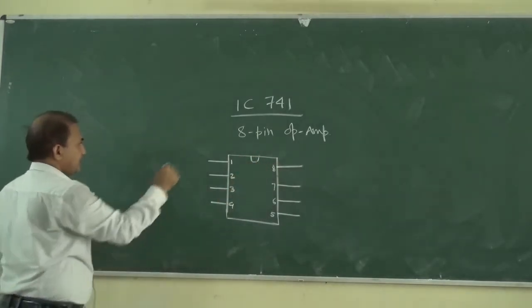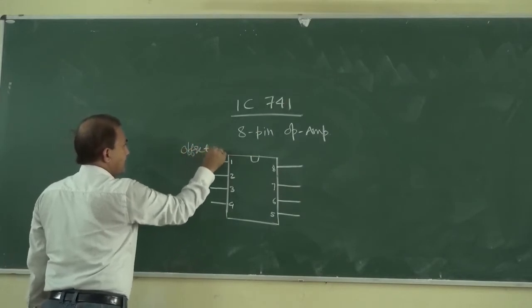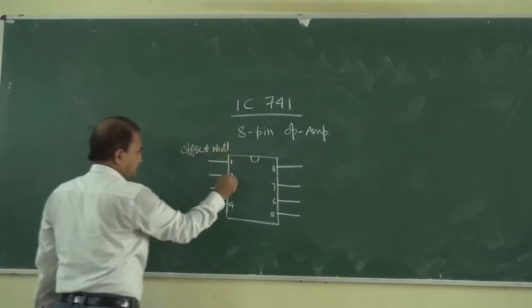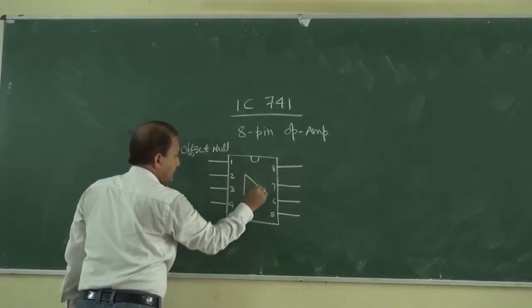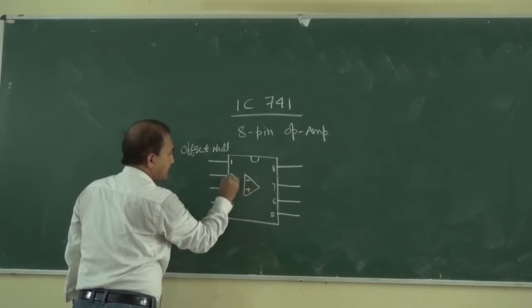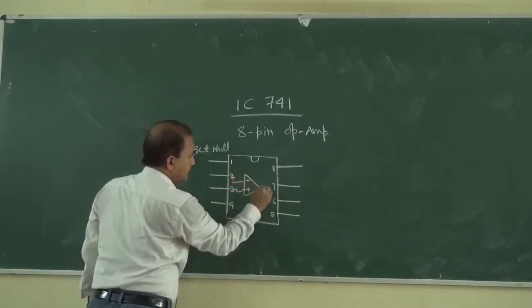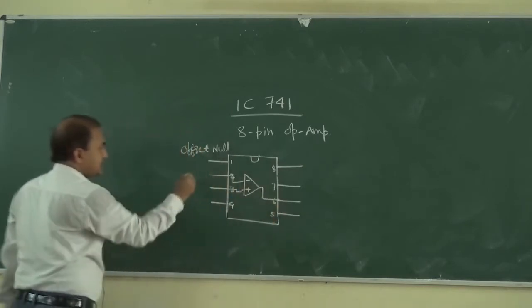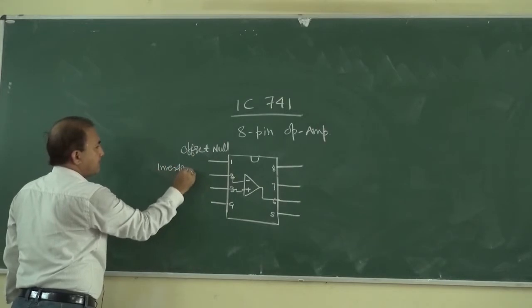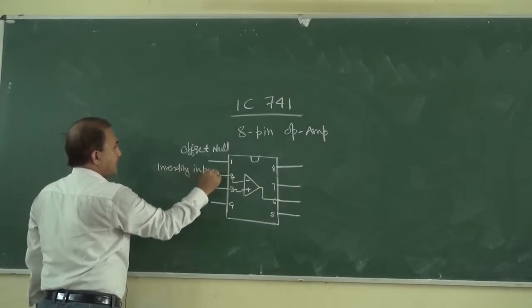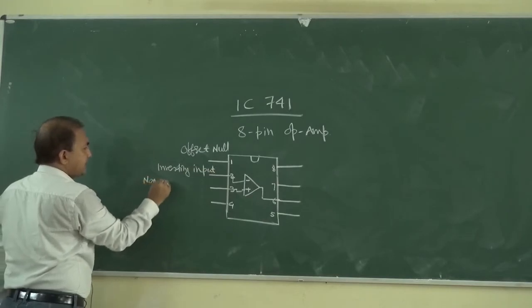This is offset null. This is inverting input, and pin number 3 is non-inverting input.